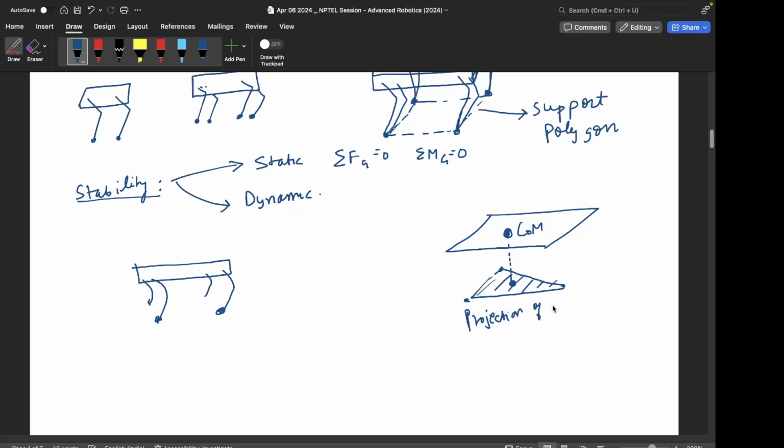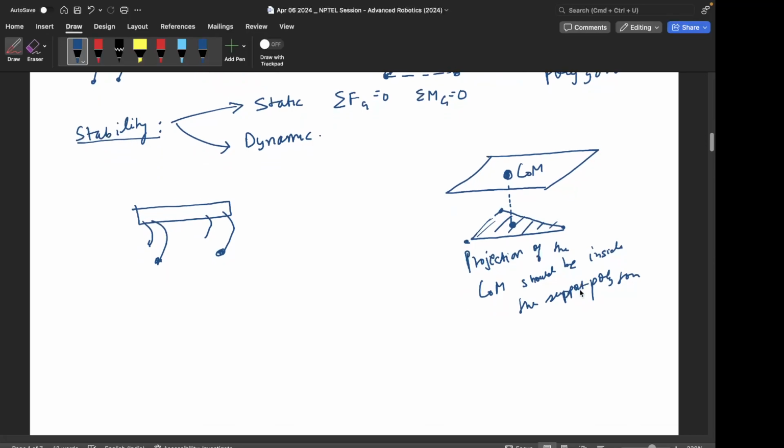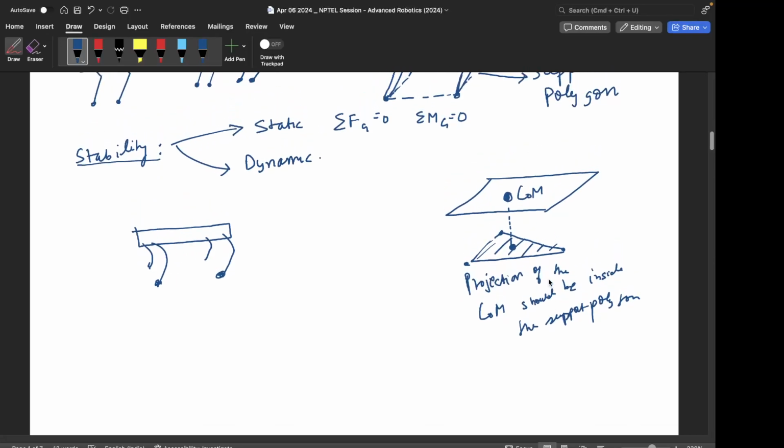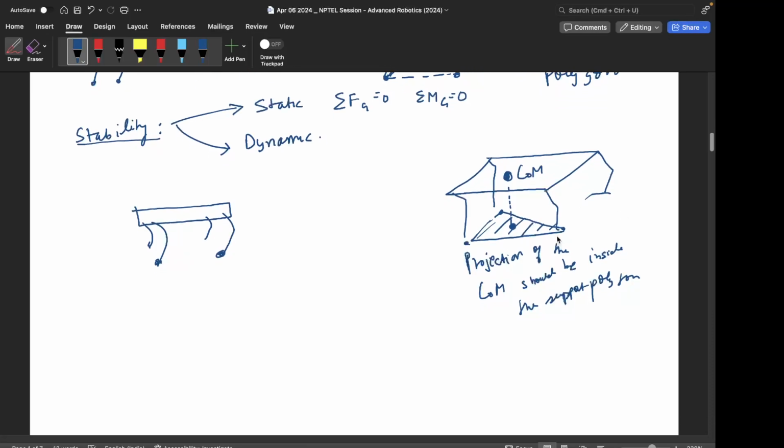So the projection of the COM should be inside the support polygon. So in that case it is statically stable, right? So these three legs will be in contact and the fourth leg will be moving like this. Okay, so that is static stability.